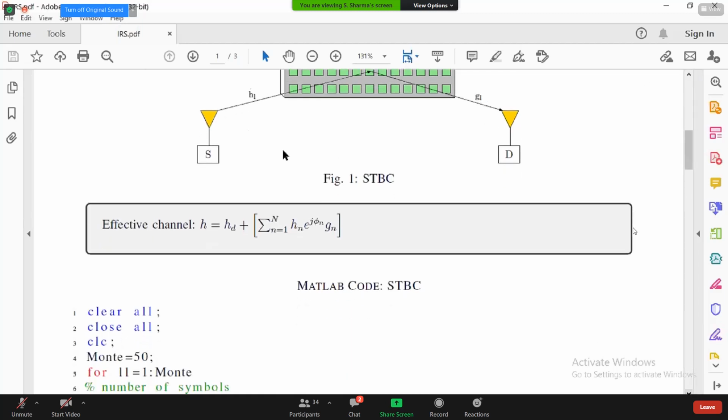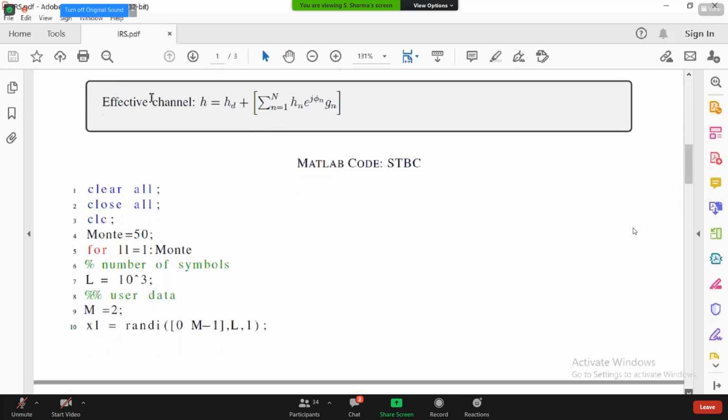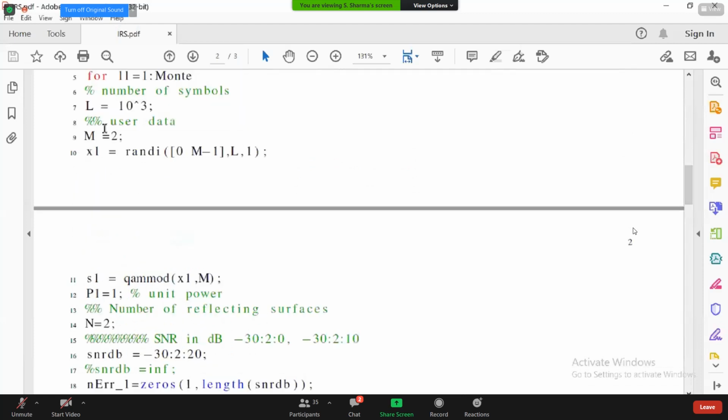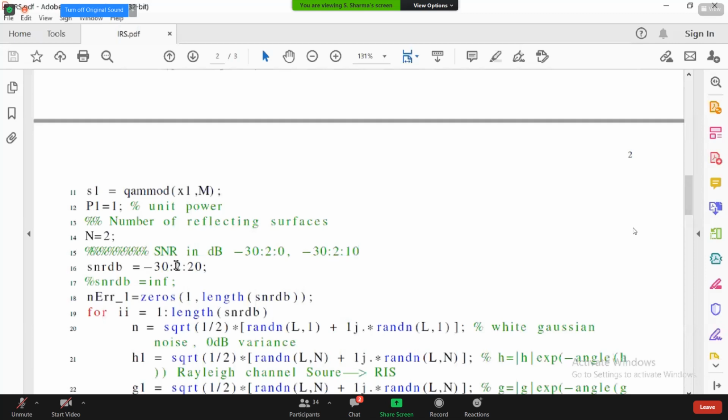This is not the STBC, this is the IRS code actually. These are the number of symbols. Here M is equal to 2, so BPSK modulation, then this is the random data generated, then the symbols. N is equal to 2, that is the number of reflecting surfaces, and the SNR is from minus 30 to 20 dB with 2 dB increments.